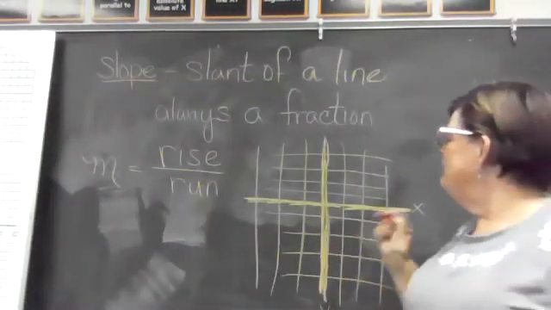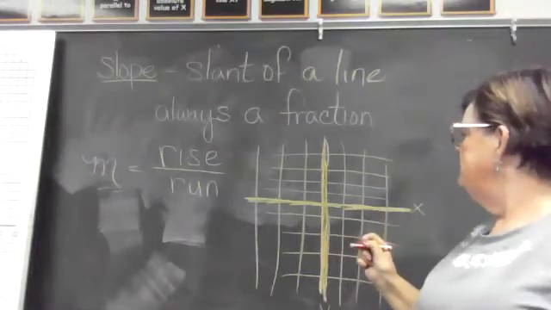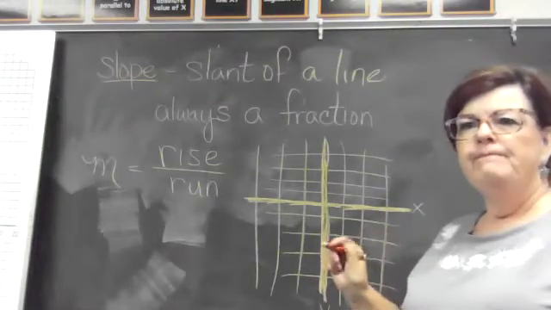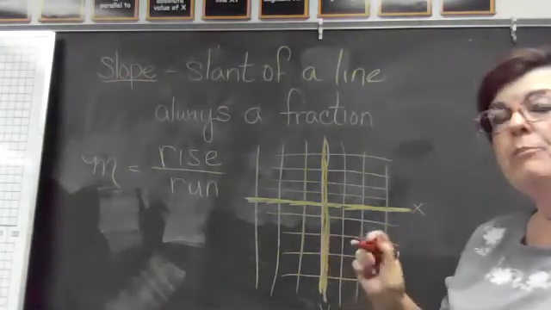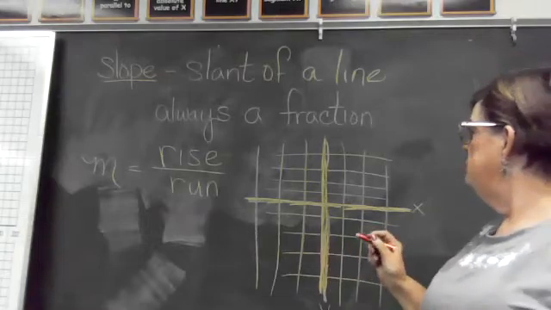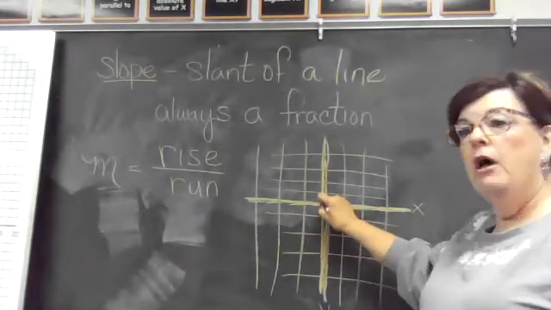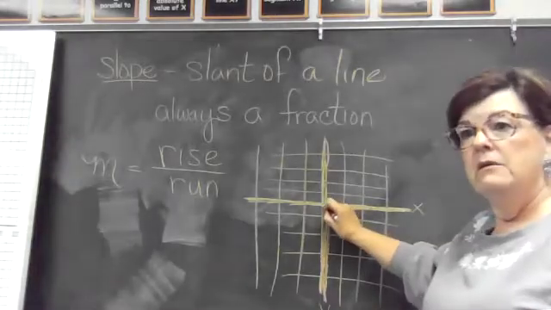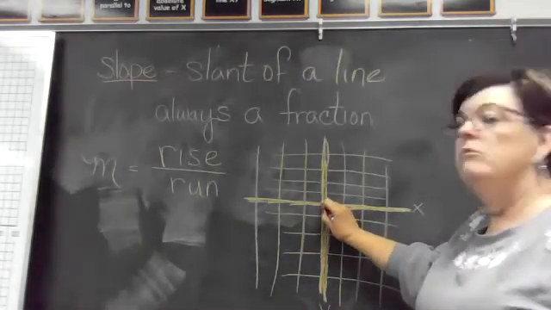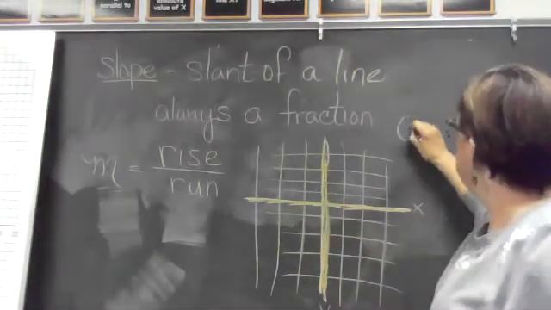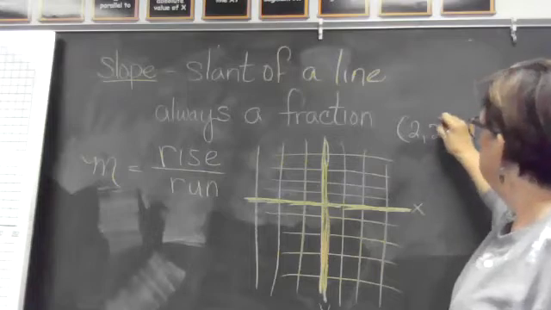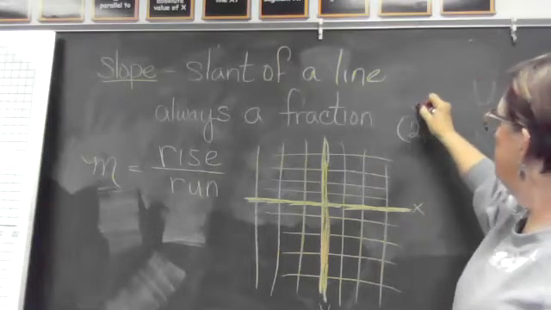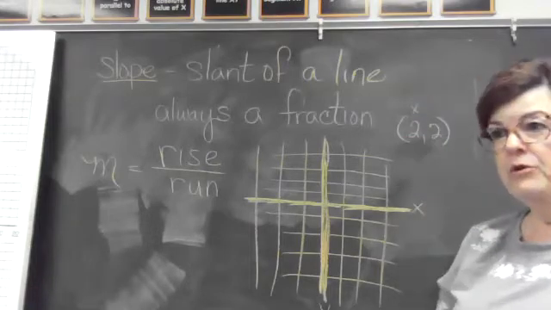So they tell you to plot the point (2, 2). When we plot a point, we start at the origin, right? I'm doing (2, 2). So the first number is how far I go on the x-axis, remember?